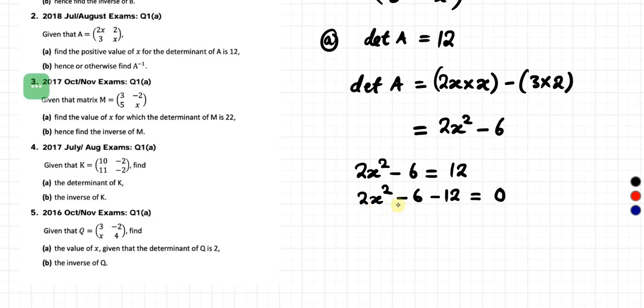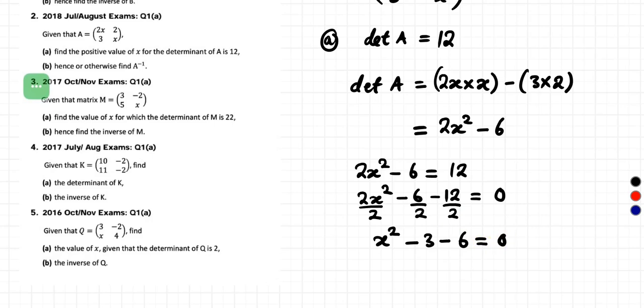Since 2 can go throughout these, you can divide everything by 2 first to make it easy. 2 into 2 cancels, you remain with x squared, then minus 2 into 6, 3, then minus again 2 into 12, it will be 6, then is equal to 0.